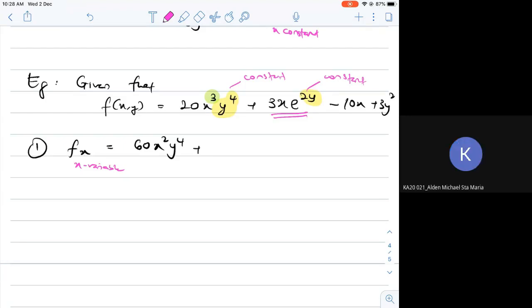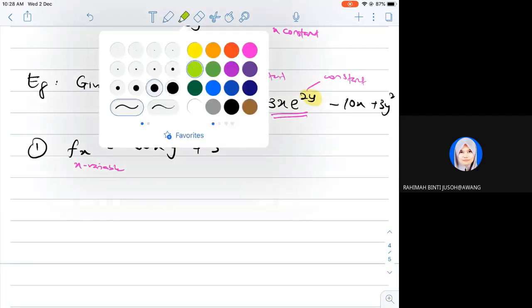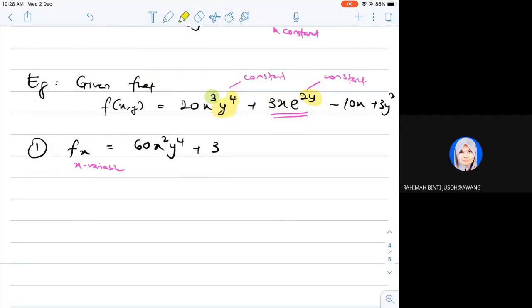Differentiate 3x, we get 3, no more x. However, for the term exponent to y, because y is a constant, exponent to y also becomes a constant, so just copy it down. So it becomes 3 exponent to y.